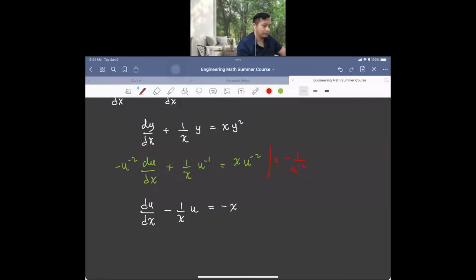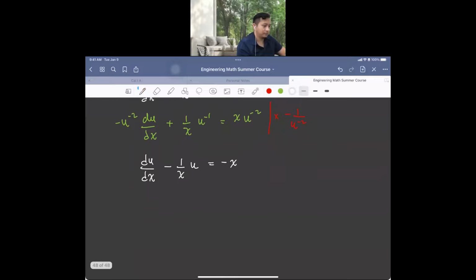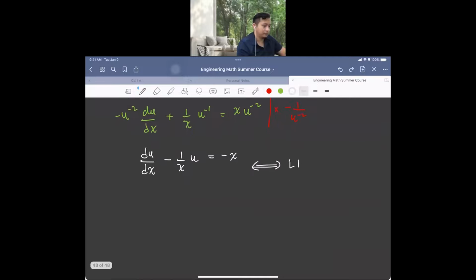This is multiplied with, okay, now going for linear differential, linear first order ODE. Okay.